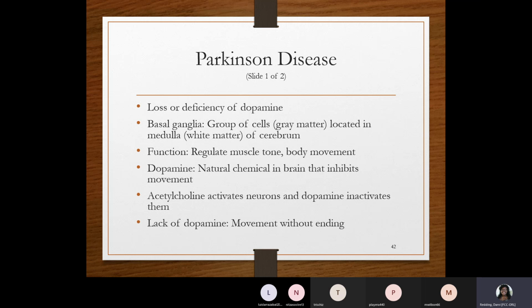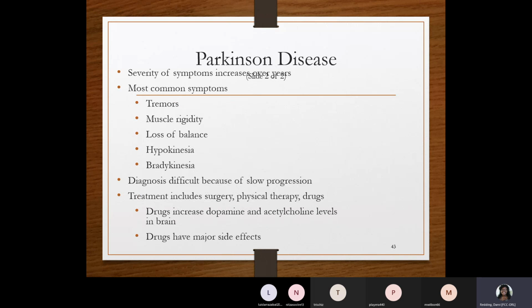If you ever remember seeing him in interviews over time, you would see the tremoring and the rigidity. Remember, Parkinson's disease is going to affect the person's body movement. Because of the lack of dopamine, they're going to have movement without ending.